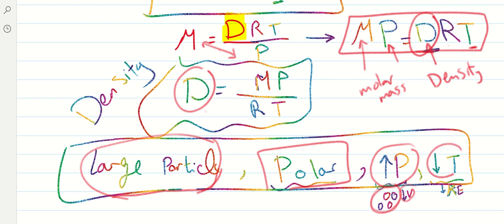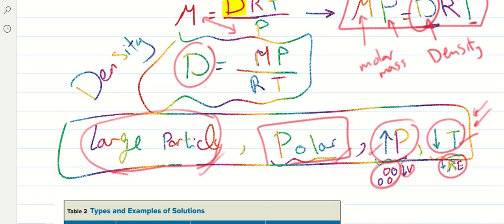In low temperature, there is low kinetic energy, so low movement, which is also against the ideal gas. So they can ask you when gases behave not like the ideal gas: in low temperature, in high pressure, in polarity, and in large particle gases.